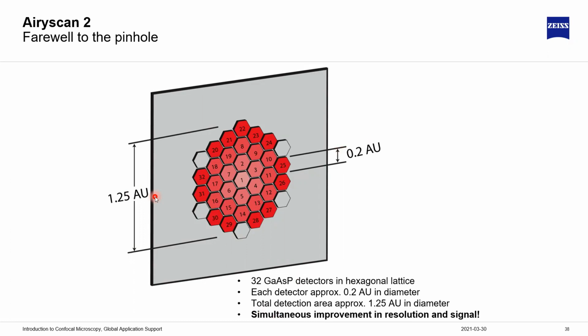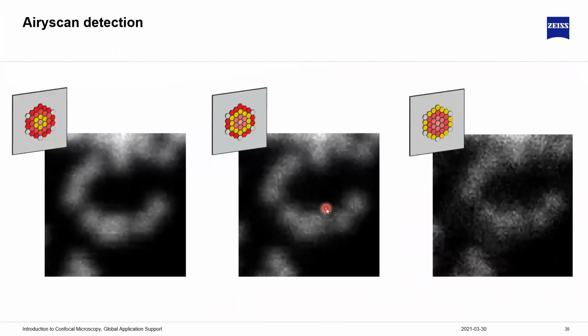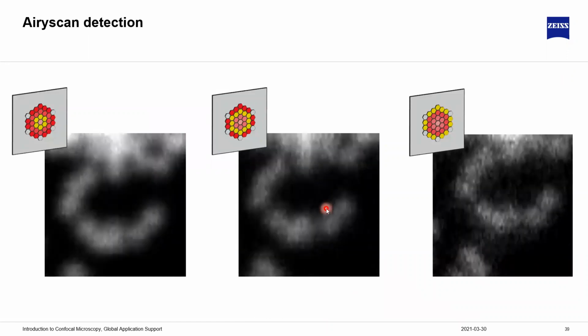And how the detector works is basically each of these detectors is taking the image of your sample from a different point in space, and all those 32 images are then put together back into the center, and with a little push of the Airyscan processing, we get a high resolution.